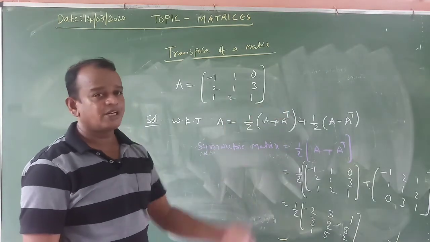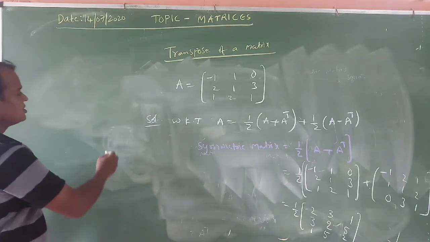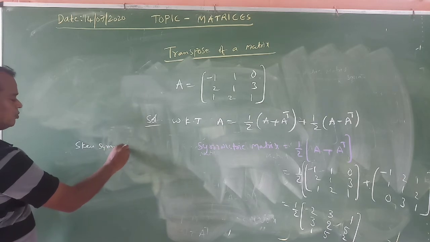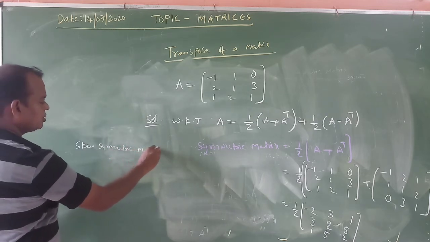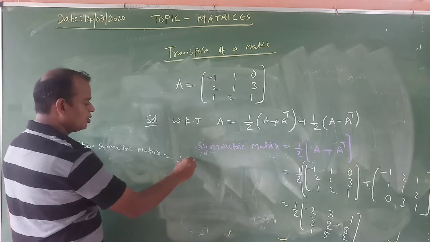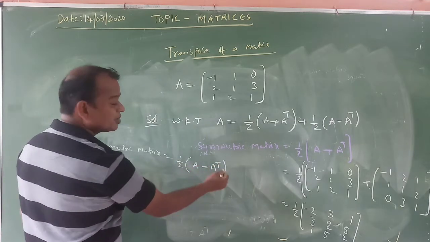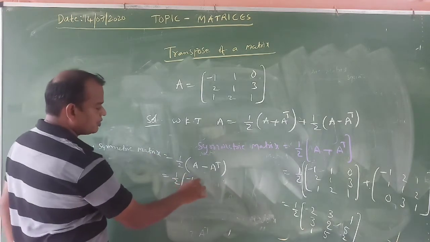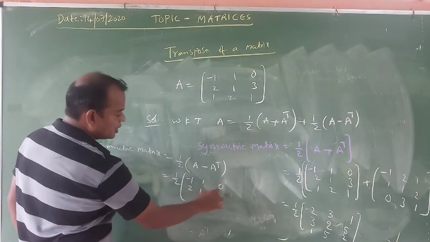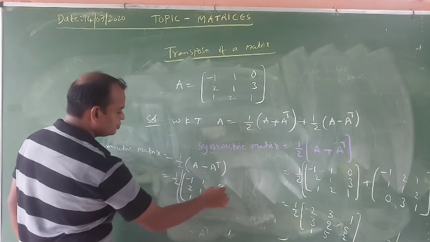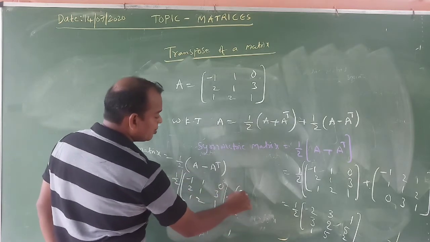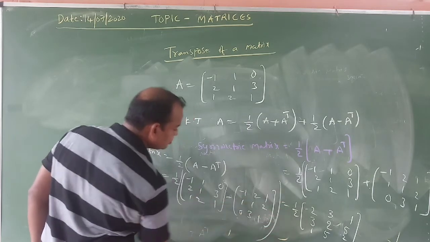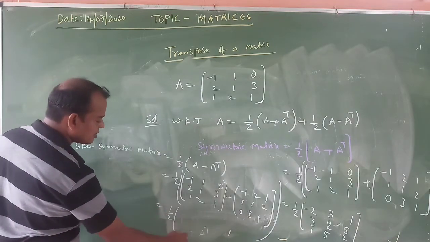Now how can you find the skew symmetric matrix? Skew symmetric matrix is equal to half into A minus A transpose. Half into, write down, minus 1, 1, 0, 2, 1, 3, 1, 2, 1 minus minus 1, 2, 1, 1, 1, 2, 0, 3, 1. Subtraction possible or not? Yes.